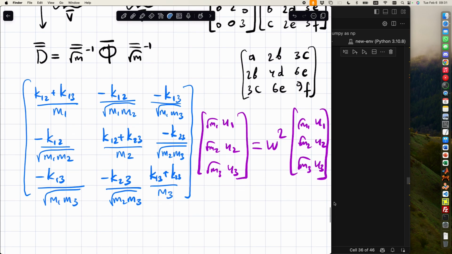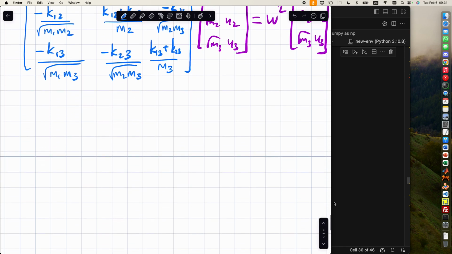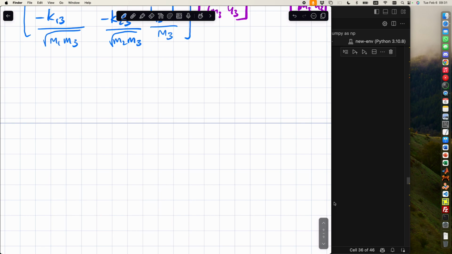So I just fixed the M1s, M2s that we wrote last time. And this is a general thing, right? This was for 3 objects in 1 dimension. So we looked here at a system that had 3 balls interacting with each other, and it was a general case.